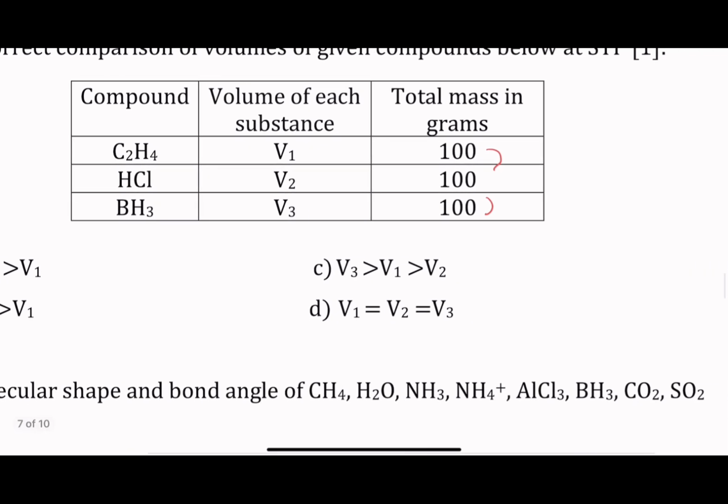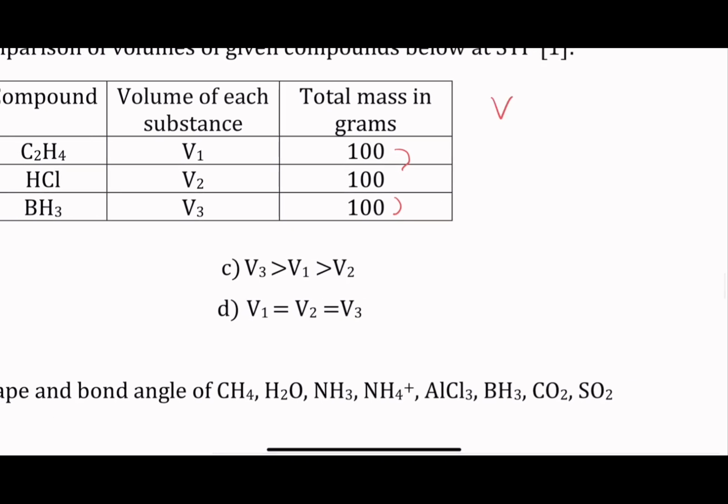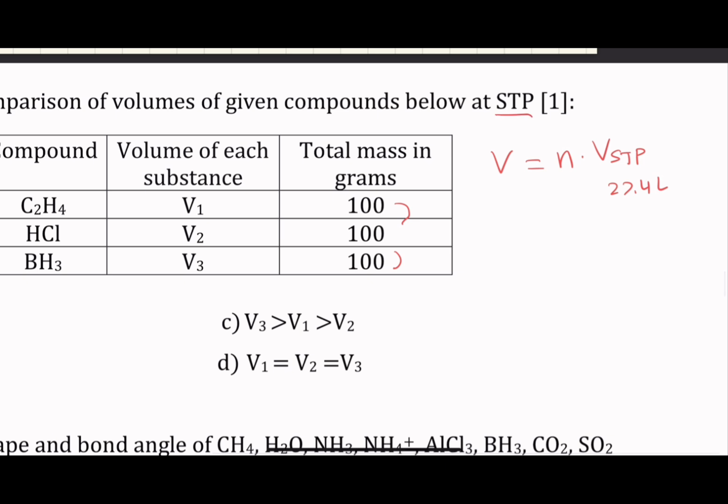In order to get the volume, we know that we need to multiply the number of moles by the VSTP, right, which is 22.4 liters at STP. So in order to get the volume, we need to get the mole first.